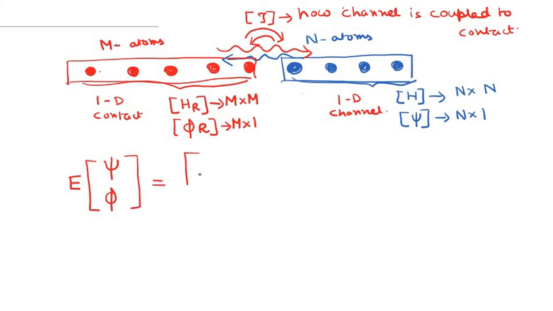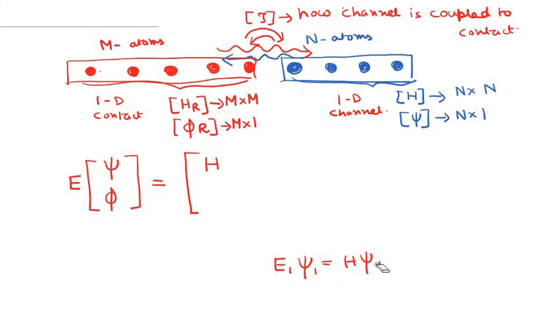This is equal to H. Earlier, when this channel was isolated from the contact, the equation just used to be E1 psi 1 equal to H psi 1.